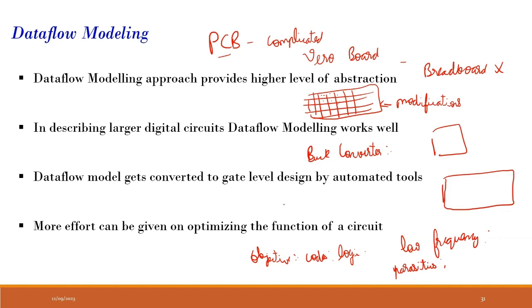Go for a simple buck converter with a low power rating, maybe 20 watts is quite large, so something smaller, and run it. Once you are confident of that, then you can go for higher things like a PCB or something else.